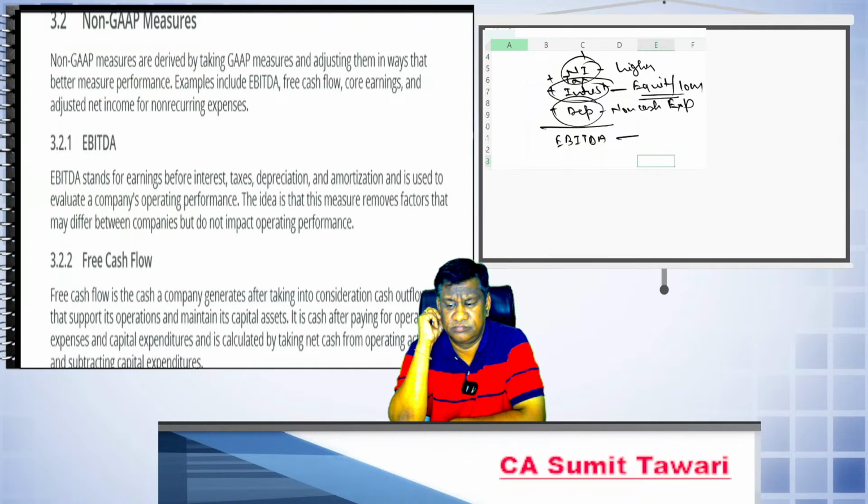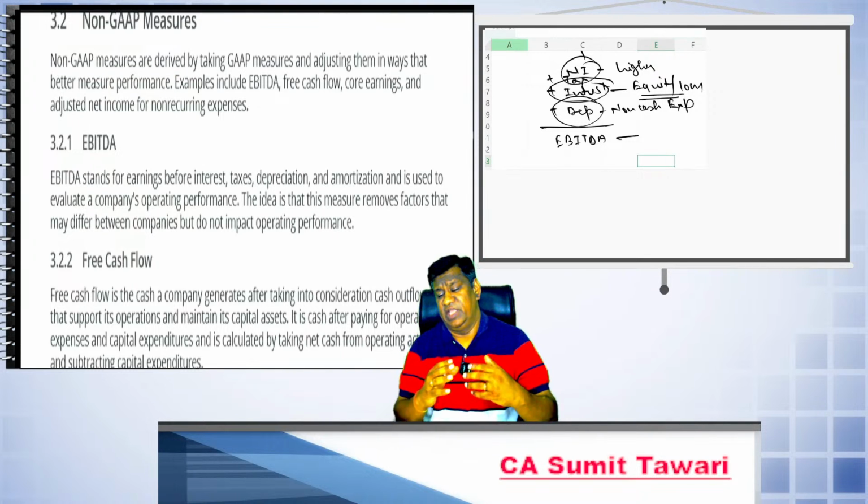Because depreciation and amortization, it's not the actual expense we incur. We depreciate the value as and when we use the machineries and the goodwills. Correct. It's not the actual thing which we incur in the day-to-day transactions.